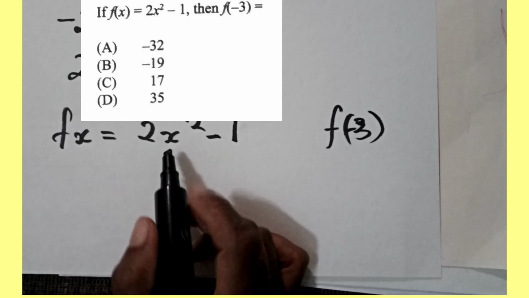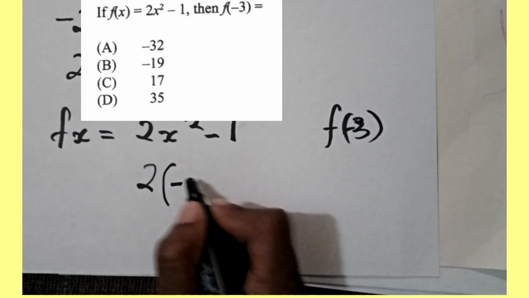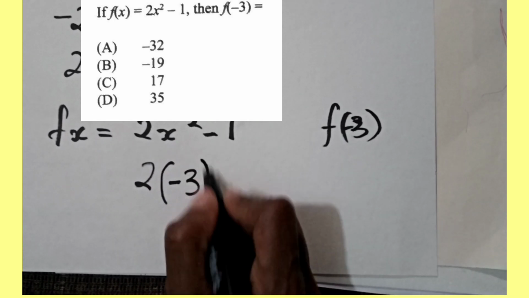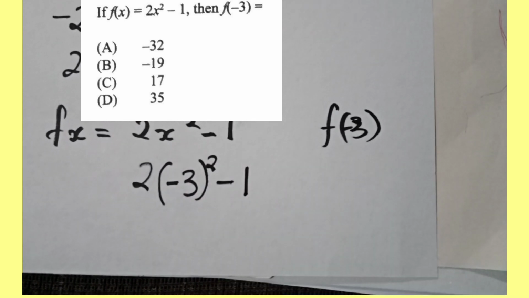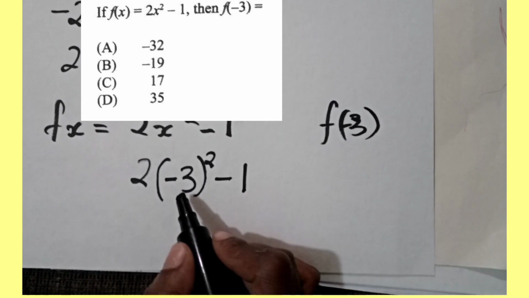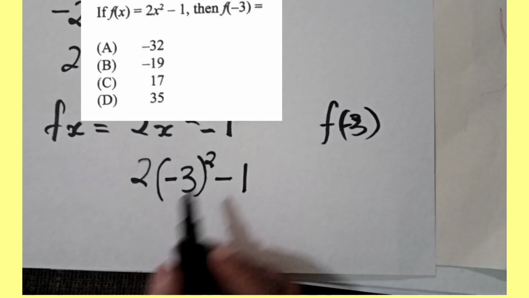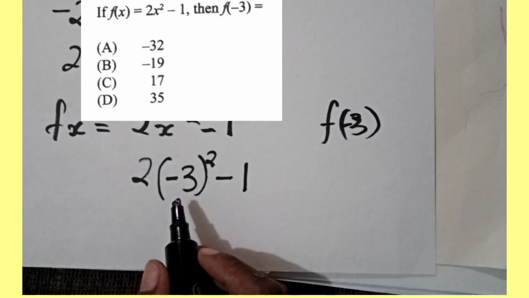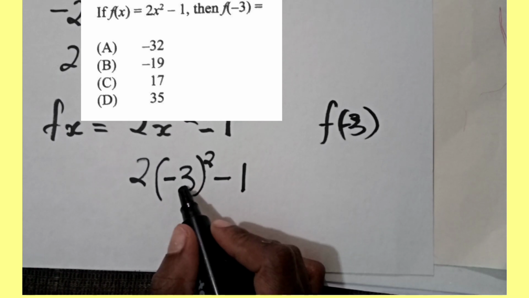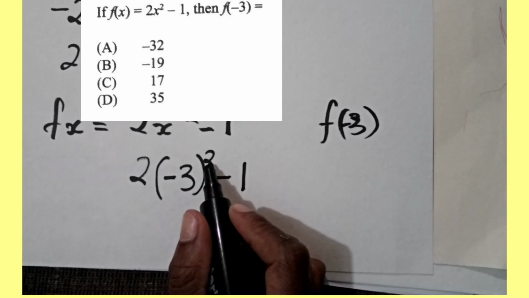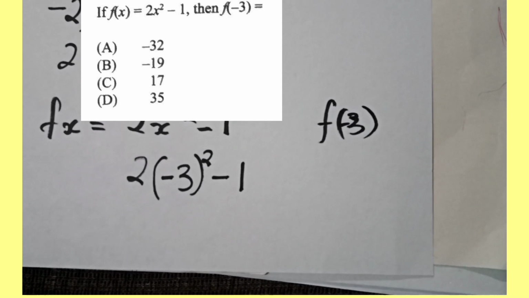So we can rewrite now 2 times negative 3 squared minus 1. And we go ahead and work that out. So negative 3 squared gives us what? A positive 9. Right? Positive 9. So we have 2 times a positive 9. When you square a negative number, you get a positive result.